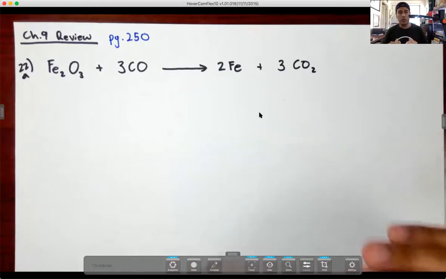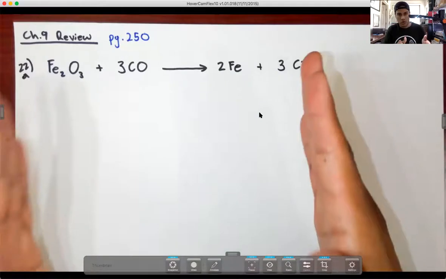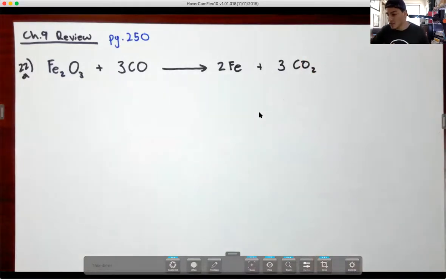But if the equation is already balanced, you don't really need to worry about them too much, especially if you're short on space. You don't need to write the states. Plus 3CO gas is converted into 2Fe, so 2 irons, and 3CO2 gas. What we need to find out is how many moles of Fe2O3 must react to produce 262 moles of Fe.